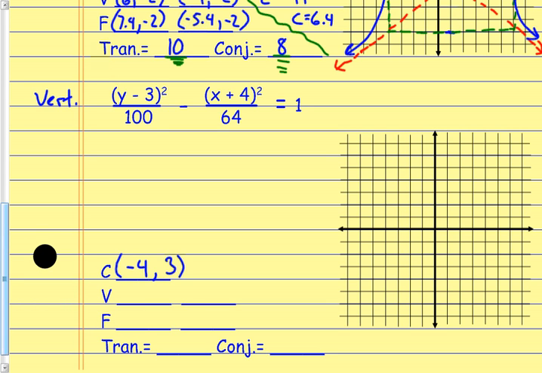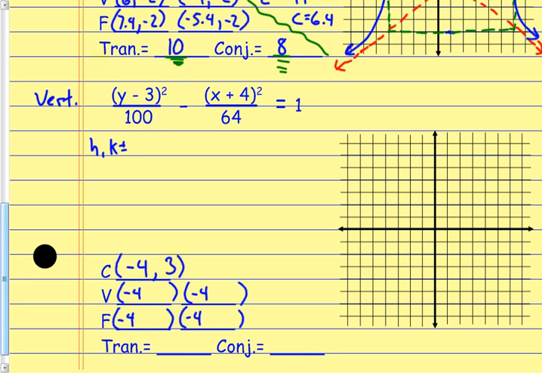The vertices this time, as well as the foci, last time my y value stayed the same the whole time. If I look down through my formula sheet, this time I'm going to see that the x value stays the same for every single one of these things. For my vertices, it says h comma k plus or minus a.